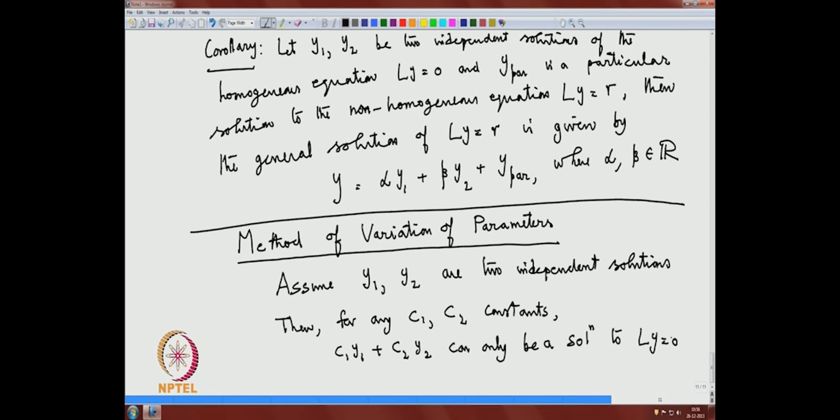By putting any linear combination of y1 and y2, you are not going to get a solution to the non-homogeneous equation, you will get solutions to only the homogeneous equation.